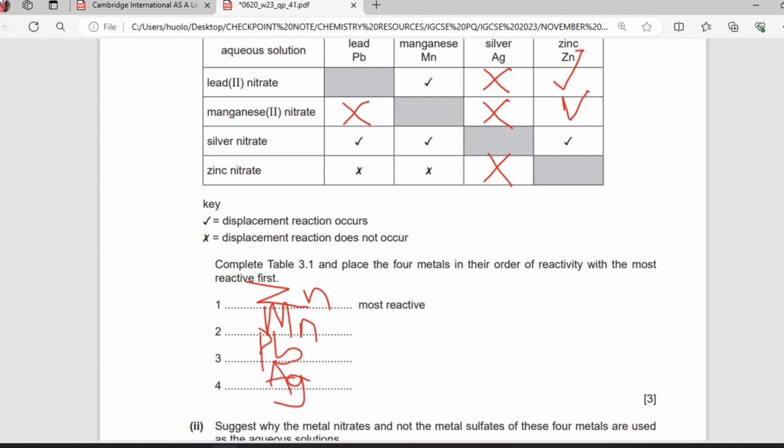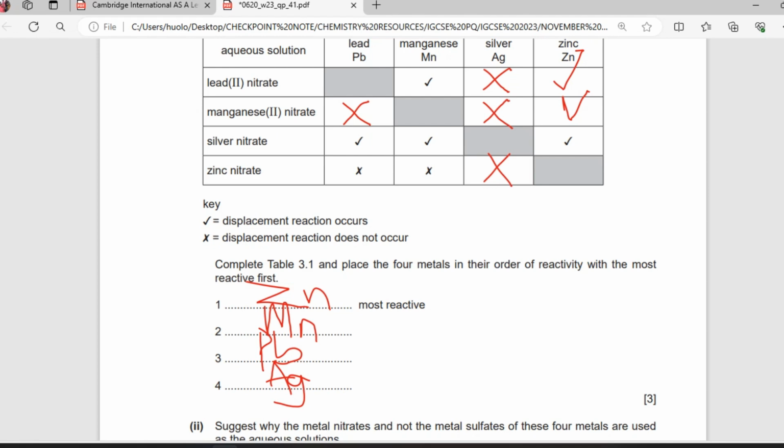Okay, so your ability to arrange the elements in this order will give you 1 mark. Then your ability to give all the crosses for silver will give you 1 mark. Then those other 3, those 2 ticks and 1 cross for lead will give you 1 mark.